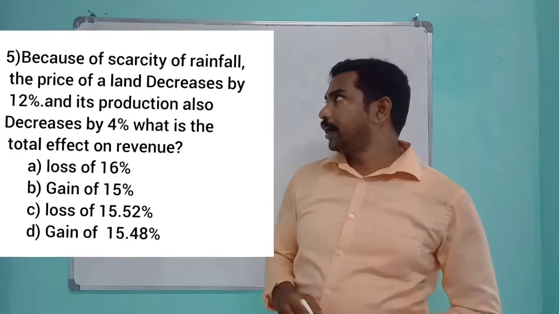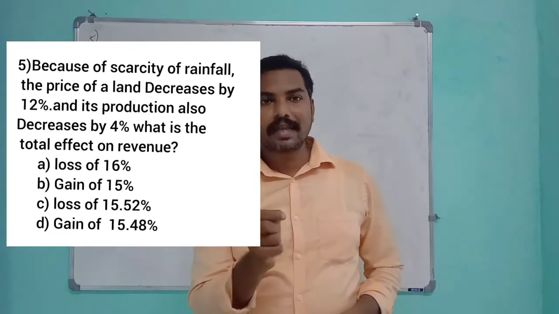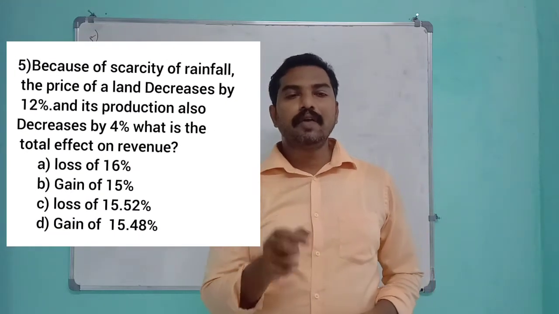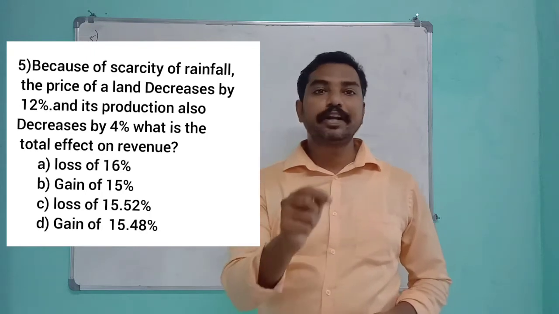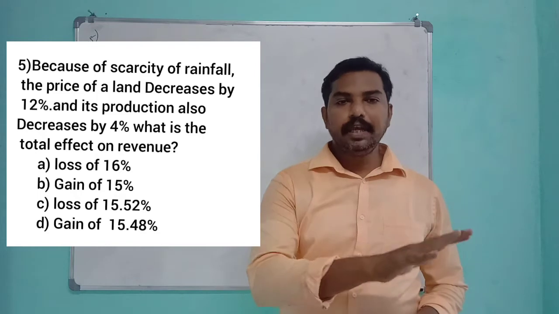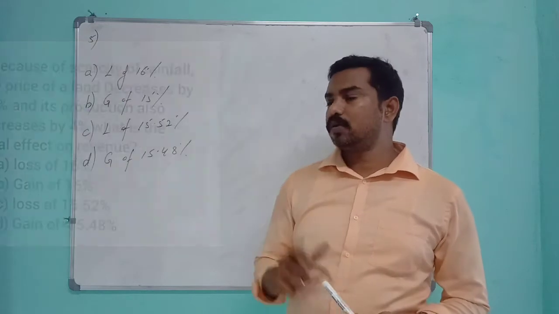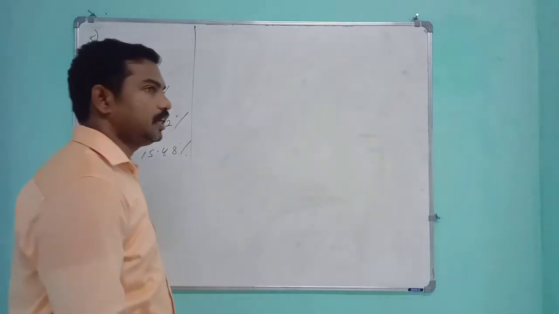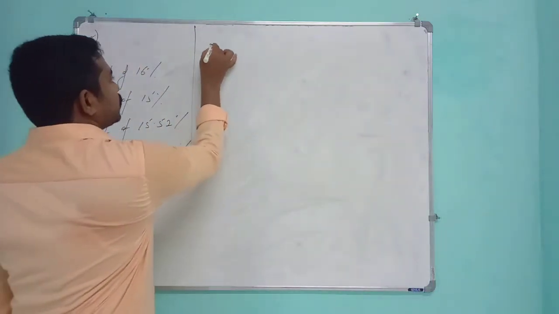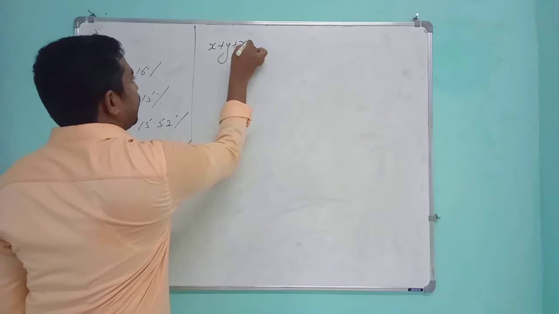If you see question number 5, due to the scarcity of rainfall, the land value decreases by 12 percentage and the production also decreases by 4 percentage. What is the effective change? The formula for effective change in percentage is x plus y plus xy by 100.